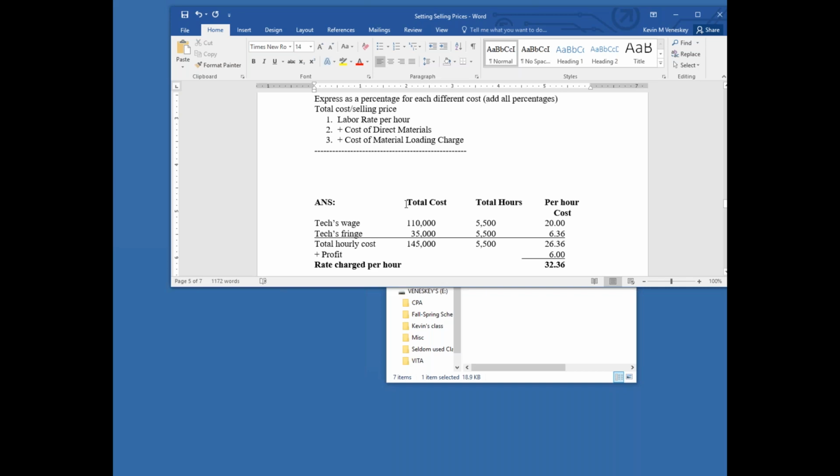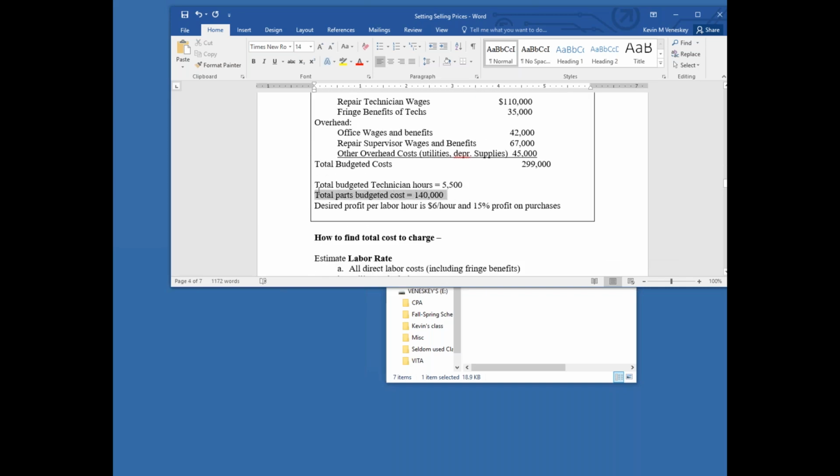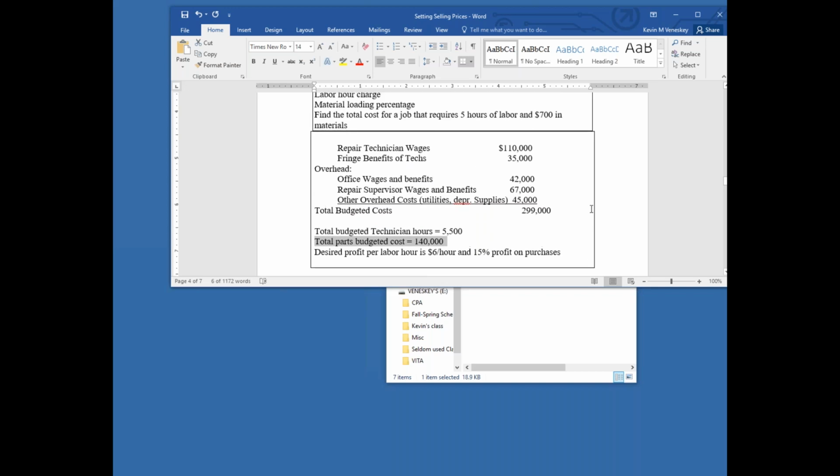Now we get to the overhead part. The overhead part is where we need to figure out what is something in our business that almost every customer is going to utilize. In a car repair shop, something that we have determined for this example is that every repair is probably going to have some parts that are added to the car.